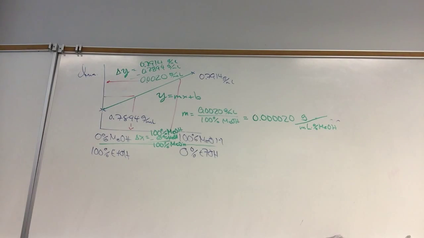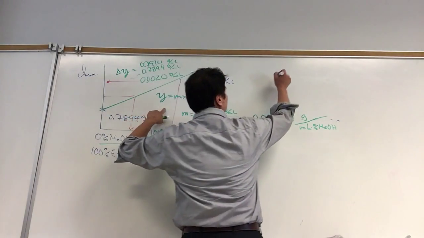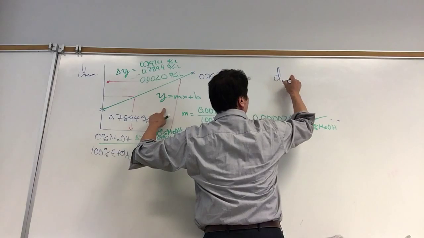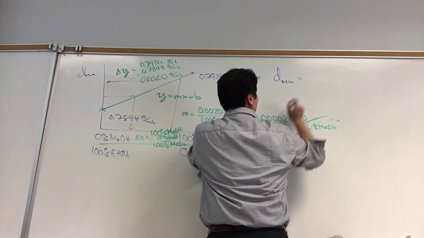So let's go ahead and put it into the equation. Getting all these, y, the density of the mixture, is equal to the slope.